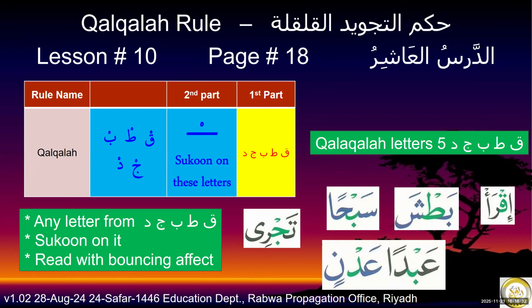So here it is iqra, the qaf has to be with the qalqalah effect. Batasha, not batsha, the ta has to be pronounced. Batasha, sabha, abada, adanin, tajri. Wherever sukun is there, you have to apply the bouncing.